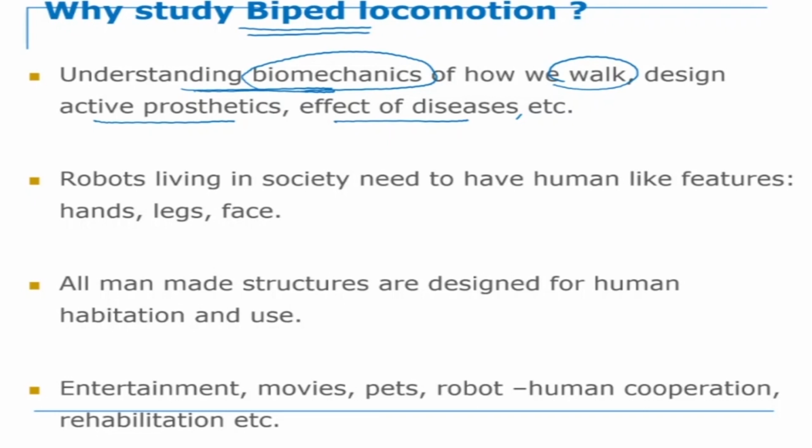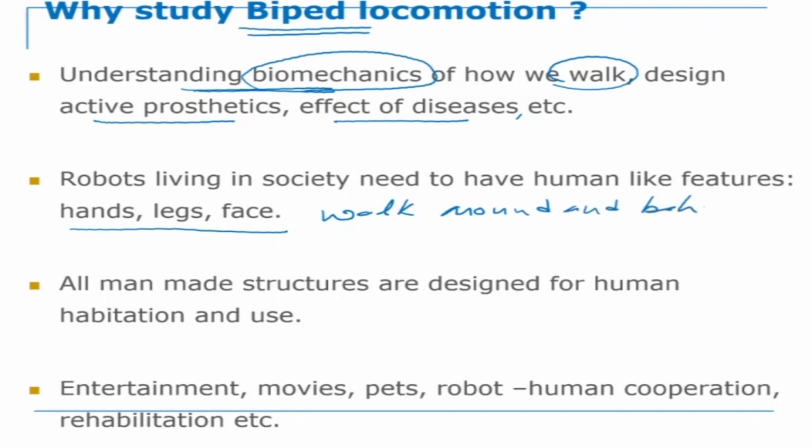The second is that robots living in society need to have human-like features: hands, legs, face. They also walk around and behave like humans.